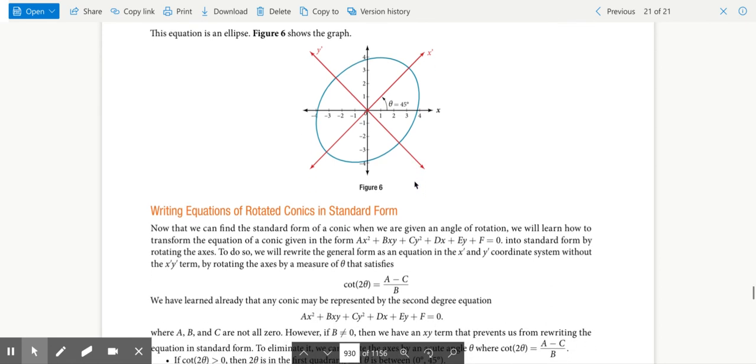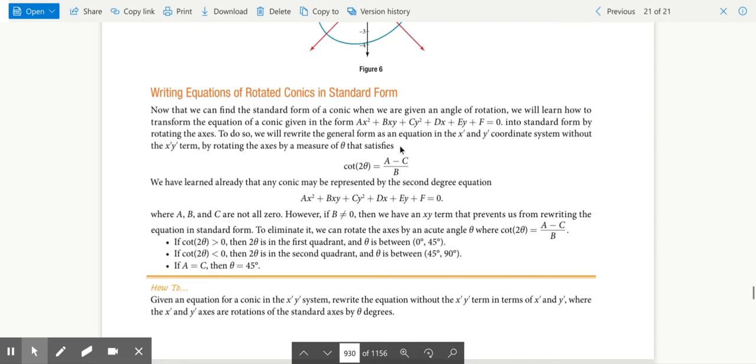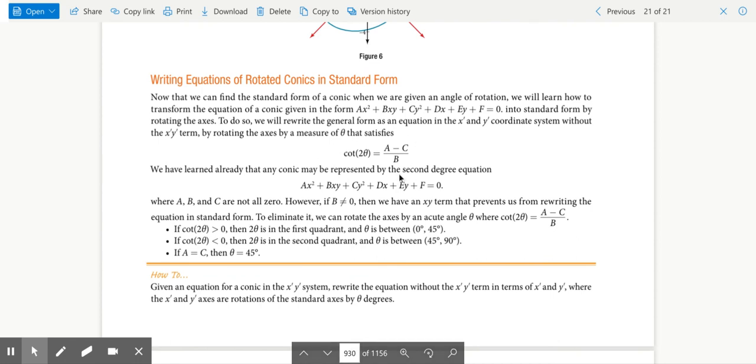So what if we're not given the angle? So here we were given the angle is 45 degrees. Well, we can find the angle using this equation here.